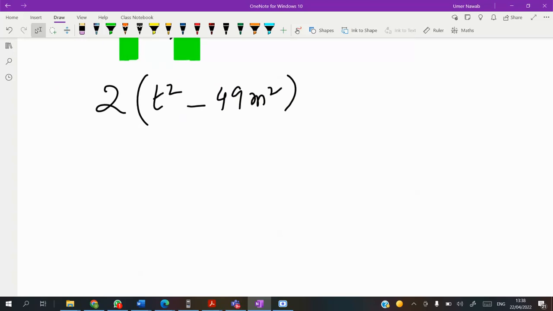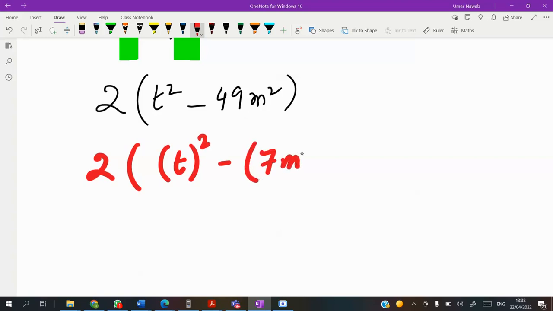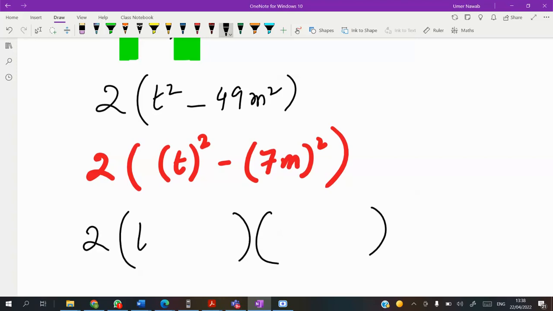Yes, but make it ready for applying the difference of two squares. So first term is written under the square. 49m squared, I can write it as 7m whole squared. Now I'm going to write two brackets. First bracket t plus 7m and the second one is t minus 7m.